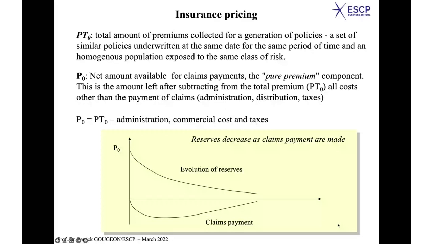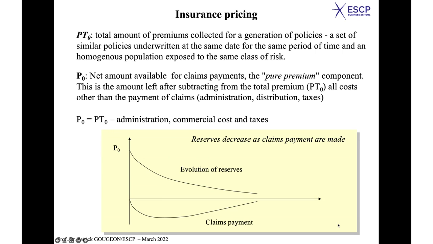Well, so this graph represents the evolution of reserves over time. Because when you collect the premiums, part of these, P0, the pure premium, is accumulated. And P0 constitutes a kind of initial reserve, the total amount of premium which is kept after the coverage of distribution and other costs, for the payment of future claims.